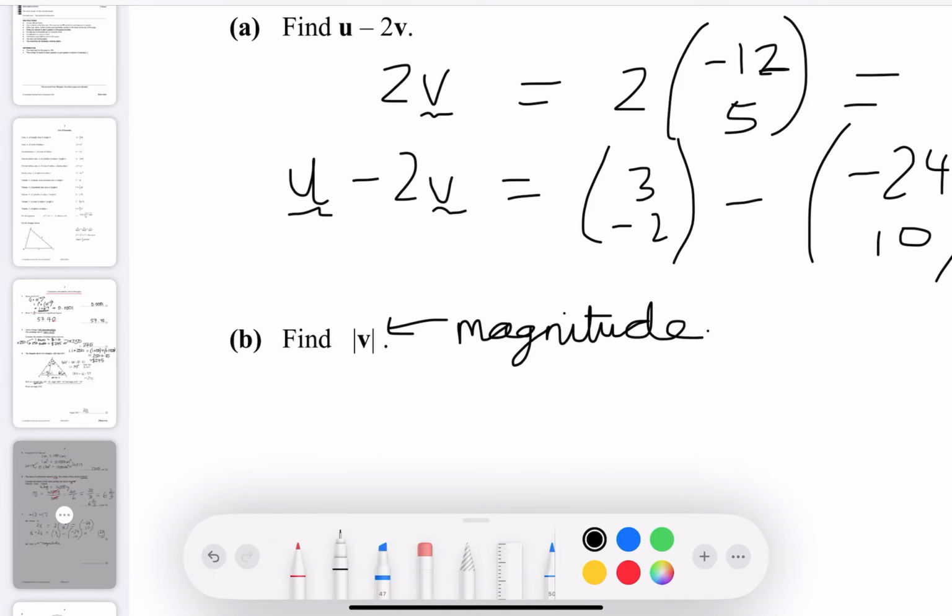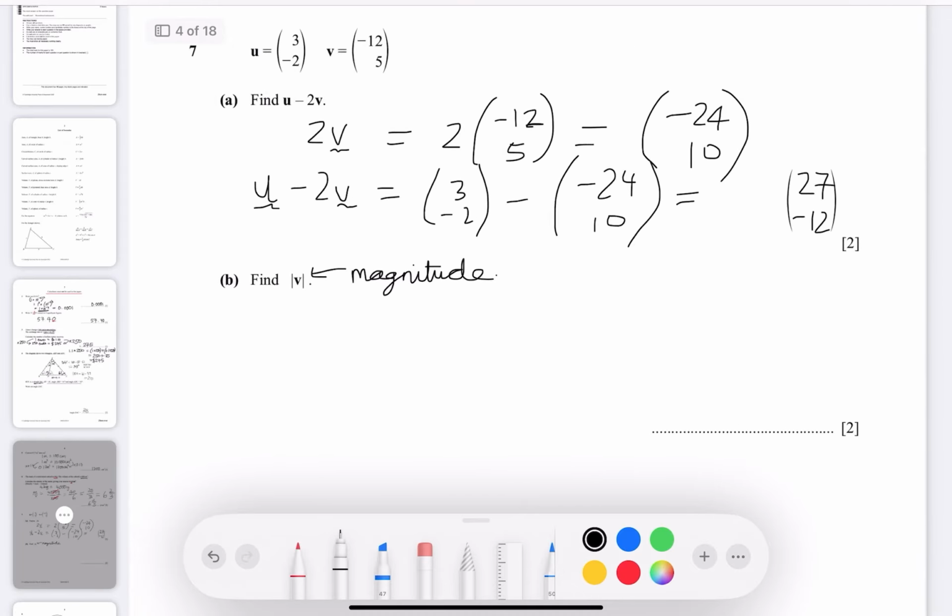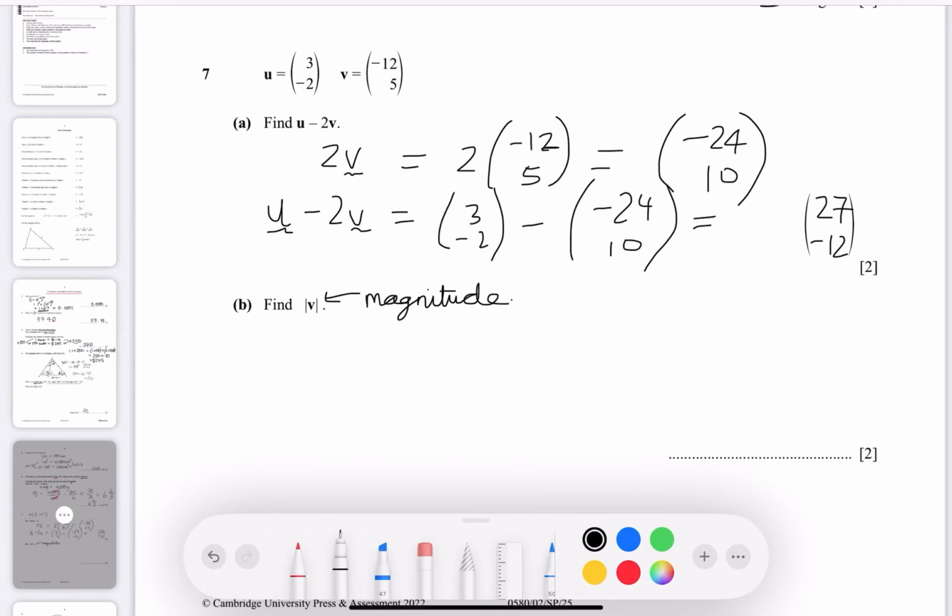And the magnitude of a vector is basically its size, like how great it is. So the way we do this, if we imagine vector v, it looks something like this. It goes 12 units to the left, so negative 12 here, and 5 units up.